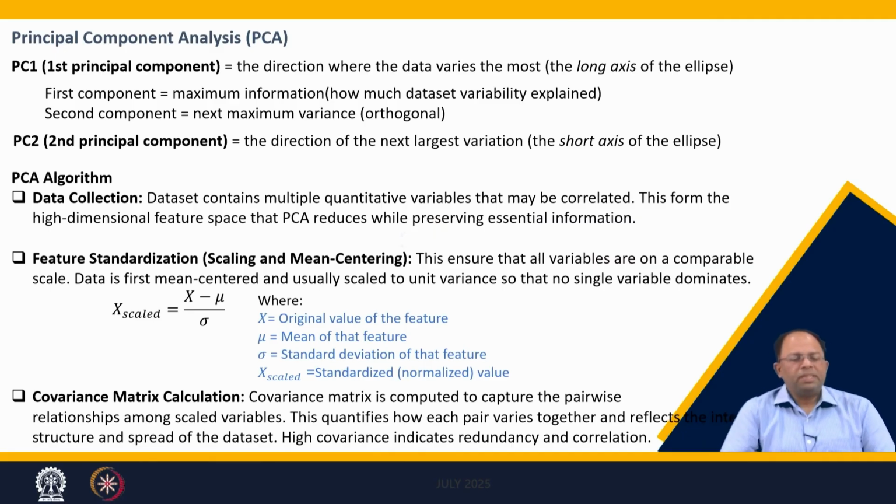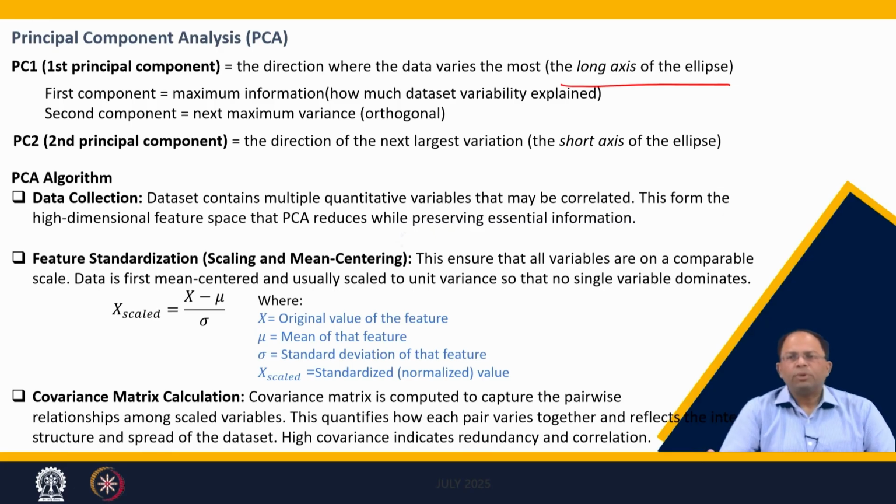So PC1, that is principal component 1, or the first principal component, is the direction where the data varies the most, right? And as per the figure that we have given earlier, it is the long axis of that ellipse that was drawn earlier. And the first component usually contains the maximum information about how much of the data variability can be explained, right?